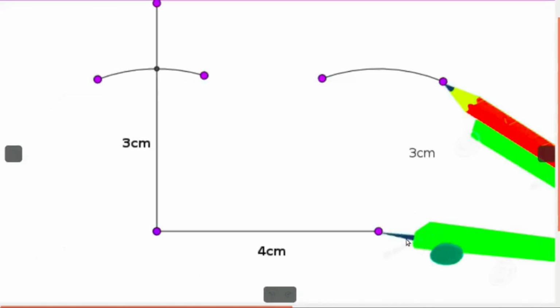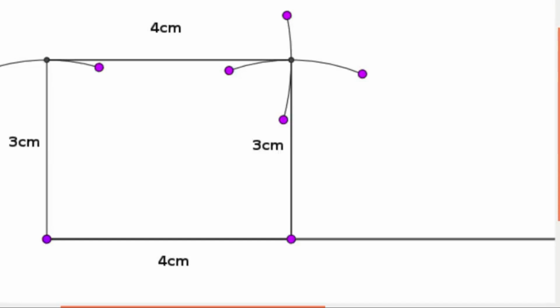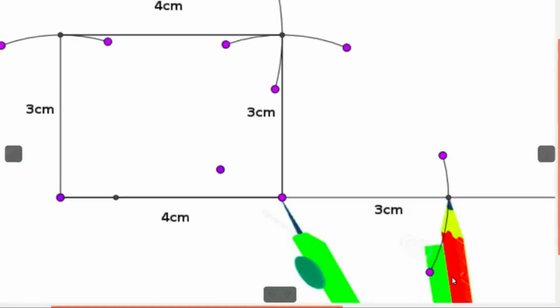We draw another arc at the other end of the line, having radius 3 centimeter. After that, we draw another arc of radius 4 centimeter. We complete the rectangle. After completing the rectangle, we extend this line. Then we draw an arc of radius 3 centimeter.